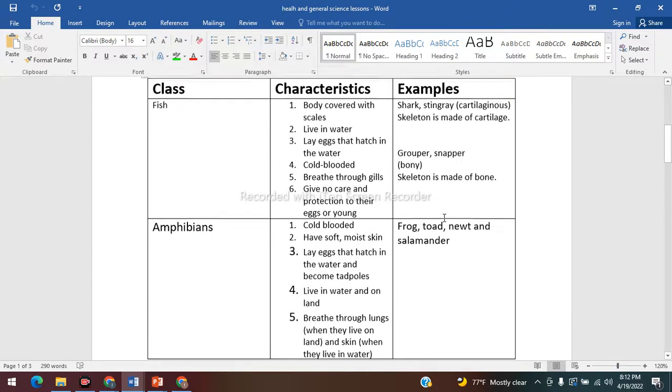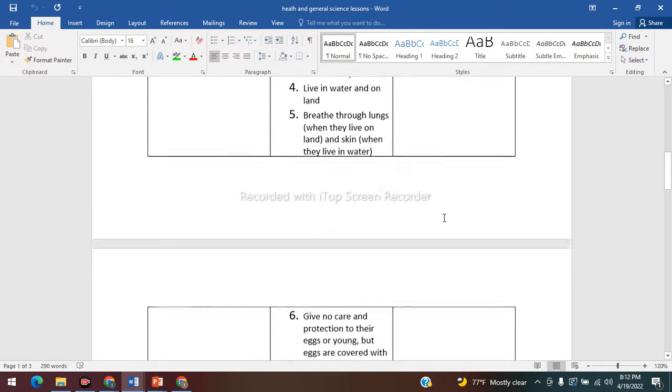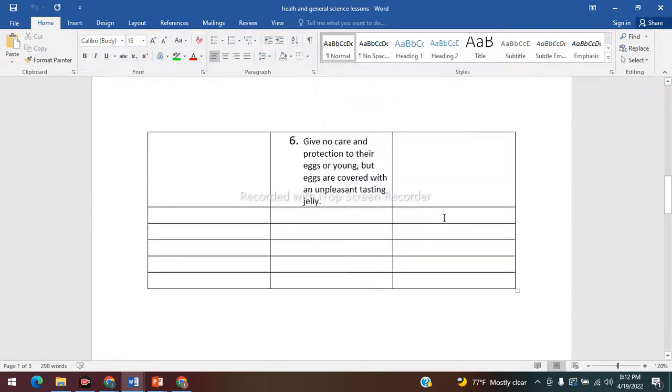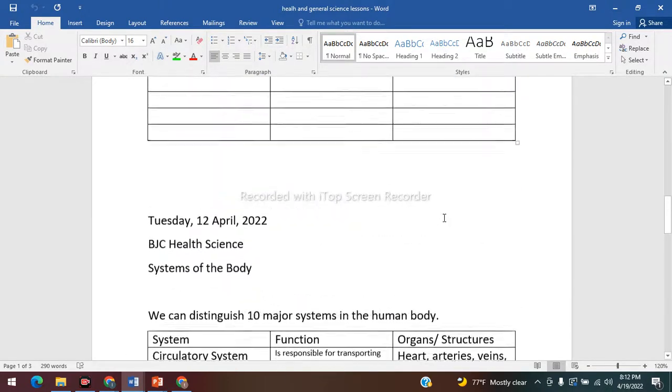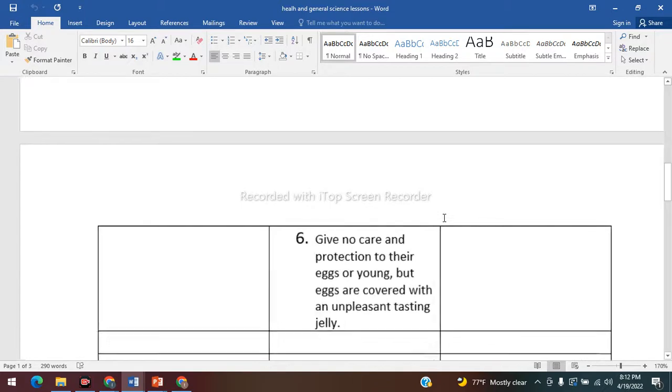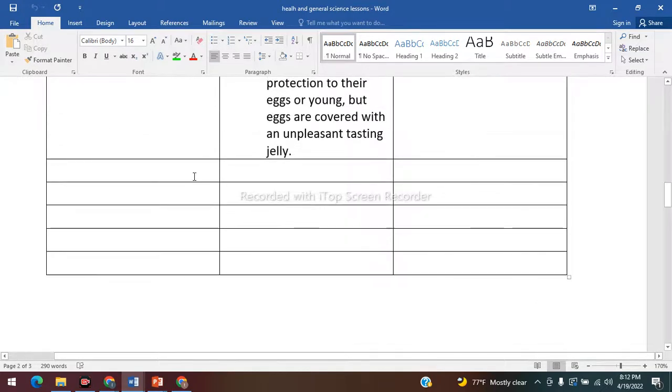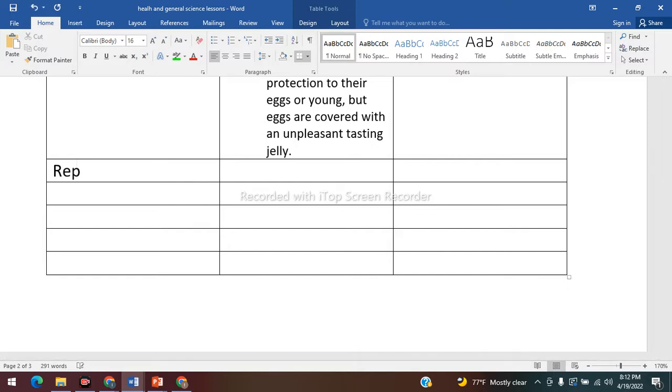So we just did fish and amphibians. We really need to do better, which means we need to do more writing today. All right, let's finish this up. So reptiles. Please take down the notes, and once you're done, please send it to me.